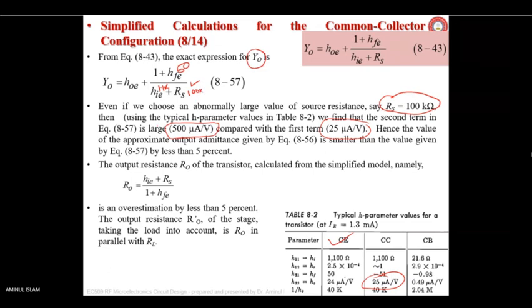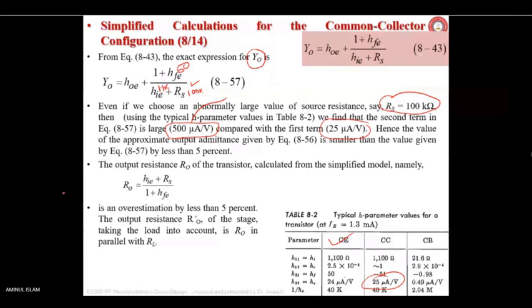So is it going to come? You find that the second term is going to be this 500 microampere per volt. In the second term, if you calculate, hopefully you'll get the same value.